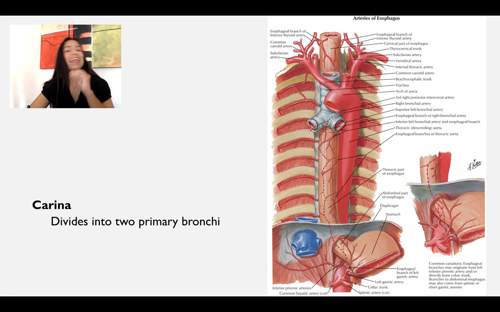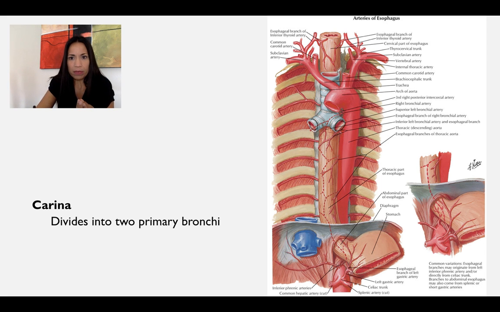Now, in this picture, let's get oriented on the location of the trachea and the relationship with the rest of the organs that we have described throughout the semester. So in the mediastinum, the trachea, which is this tube, is anterior, or in the front of the esophagus. This is your esophagus, where we have food passing by, part of the digestive system, and this is your trachea, air passing through.